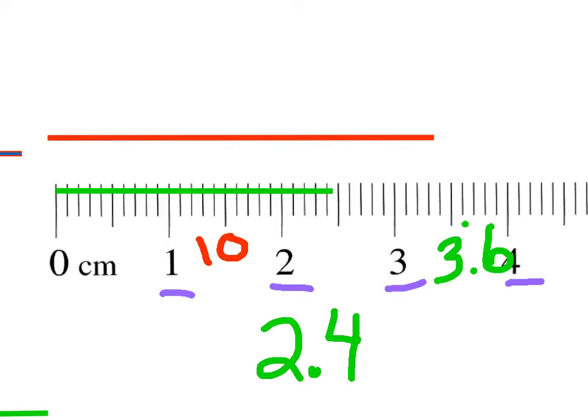So I would say that that's pretty close to the middle. So for me, I would say 2.45 centimeters would be the measurement for this line. Now you could have said 2.44, you could have said 2.46. Anything in there that's reasonable will be accepted as an answer. Okay, so again, our certain digits plus we add 1 that's an estimation.